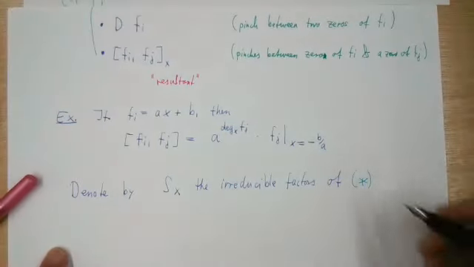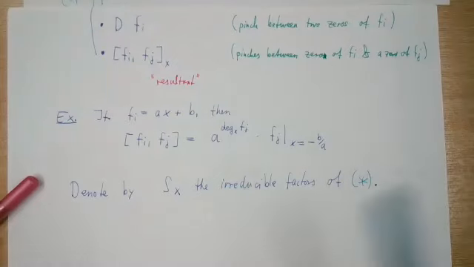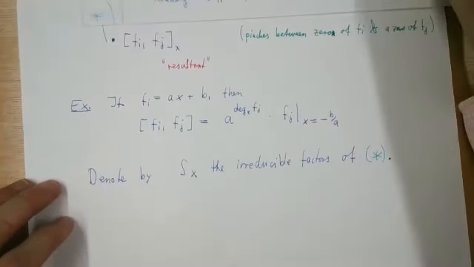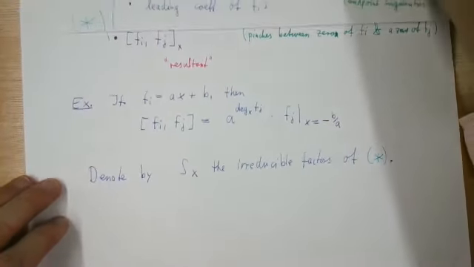So I hope it's somehow clear where this comes from and why this makes sense. And I'll give an example at the end. Just the statement of the result. So we have defined these sets of polynomials.